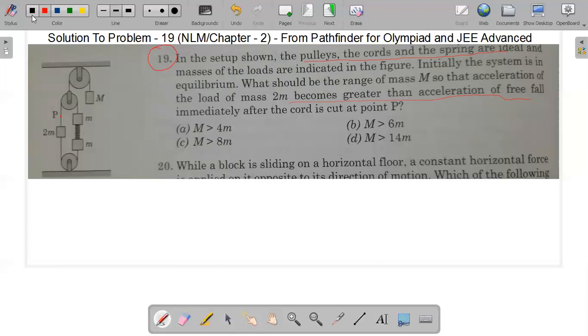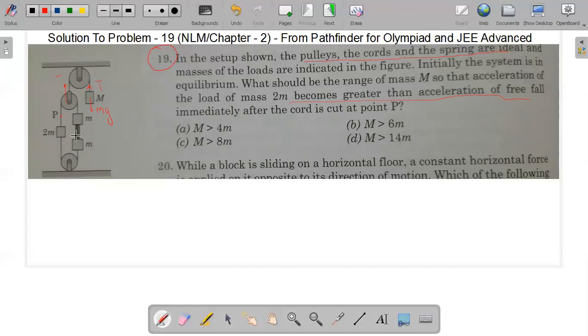So let us move step by step now. First of all, we will discuss this question before cutting the string, and look for the forces in the system. The forces present will be capital Mg on the mass capital M, with a tension force, say capital T, in this string. The same tension T will be on the other side also.